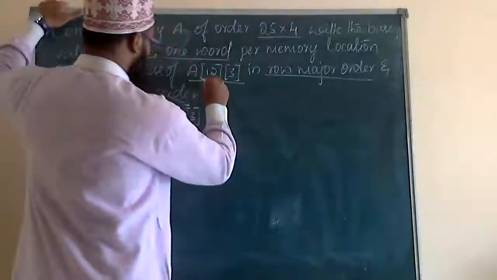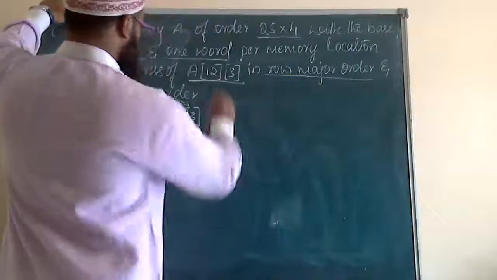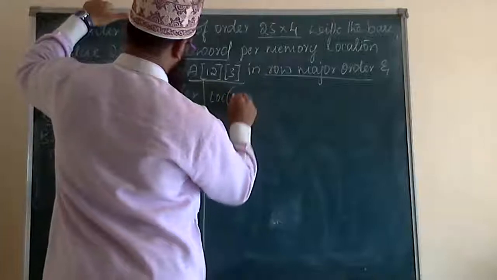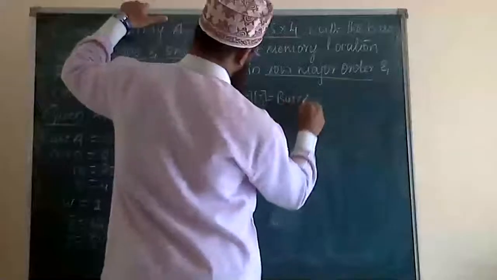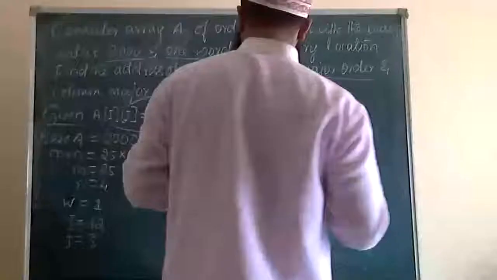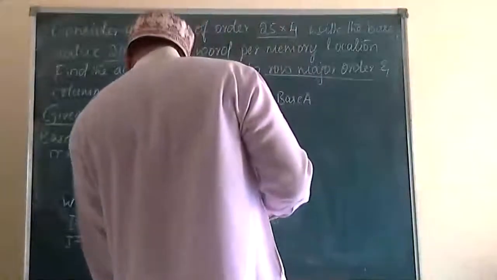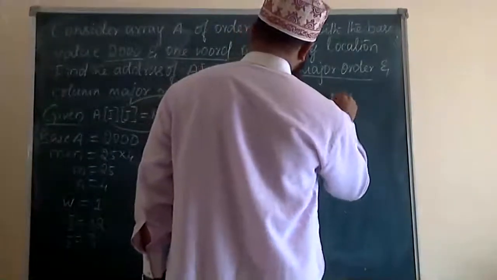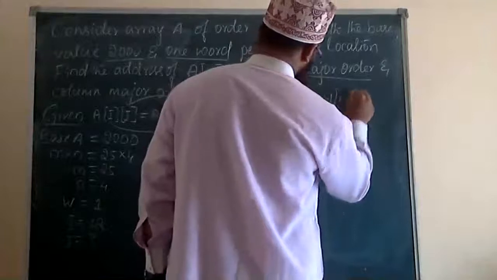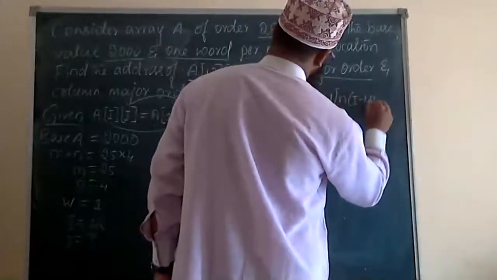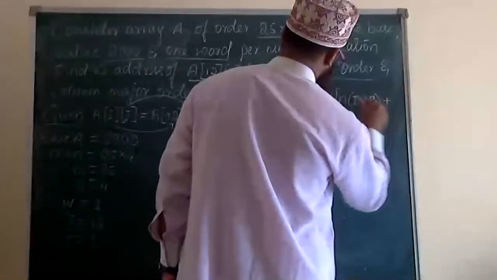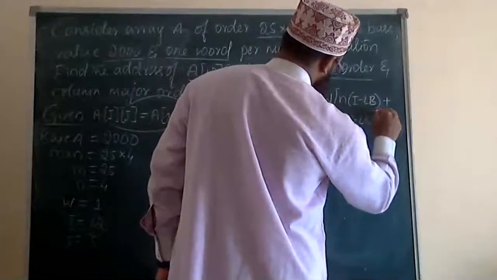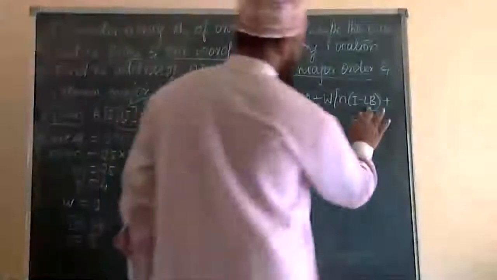Location of A of ij is base A plus W into N into (I minus LB) plus (J minus LB), finally close the bracket.